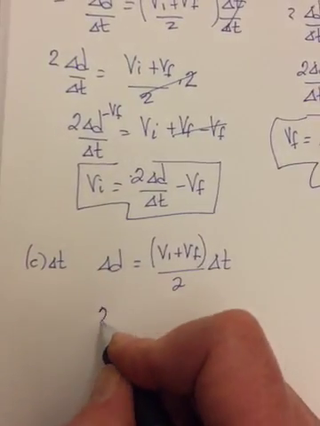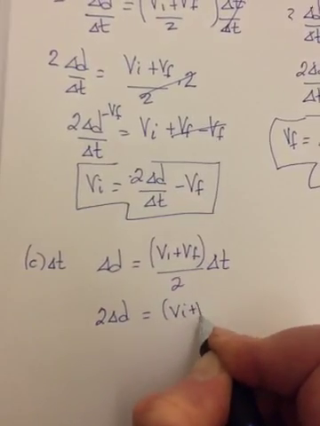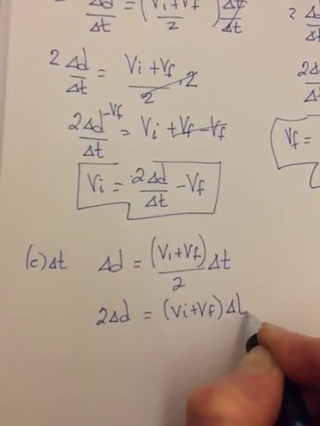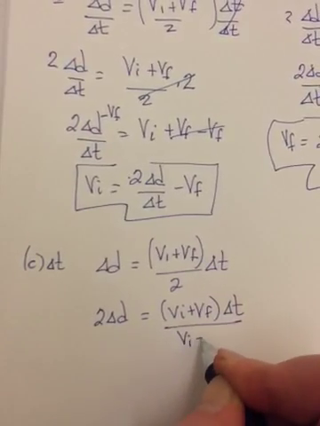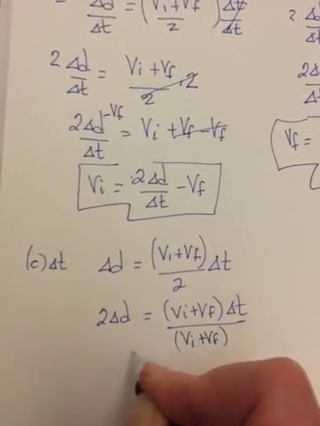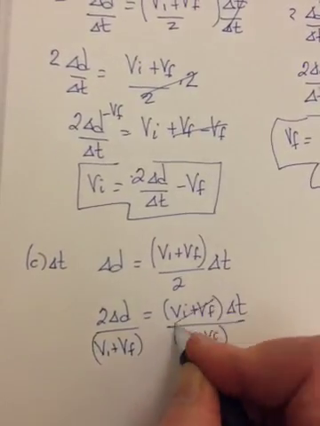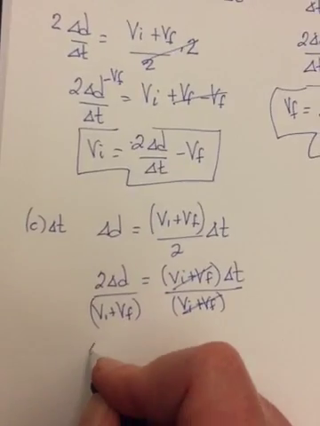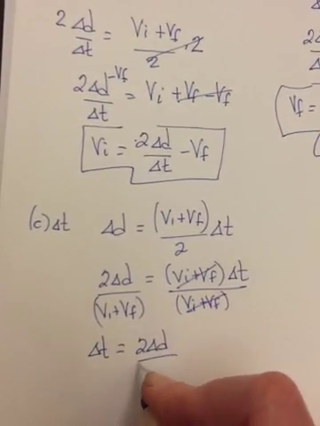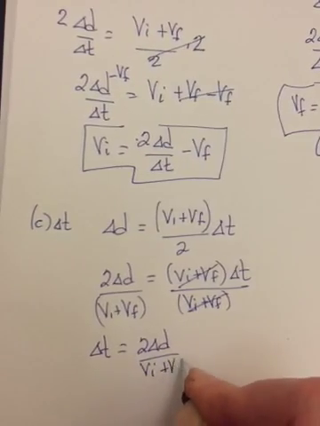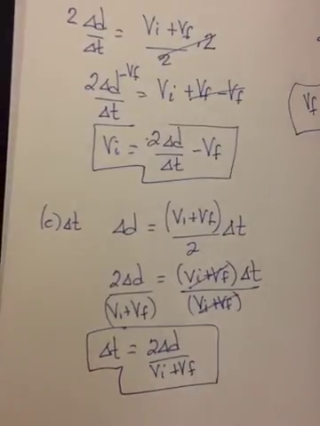Multiply both sides by 2, so it becomes 2 delta D is equal to VI plus VF times delta T. Now you want the delta T alone, so divide both sides by VI plus VF. It'll cancel here. Your delta T is by itself, so you're done. Delta T is equal to 2 delta D over VI plus VF. 2C is finished.